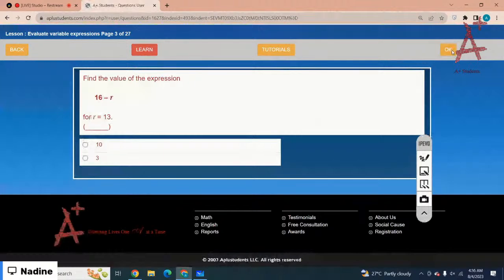Find the value of the expression 16 minus r, which is the correct option? Very good. The correct option is 3.